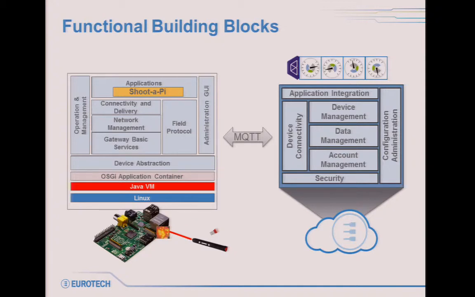You have the security module to give access to users, create the roles, the privilege, the hierarchy of clients, giving them their private view of their data and only their data and not of the others' data, because it's based on multi-tenant capabilities. You have the data management for the telemetry data, so it's a NoSQL database for big data.